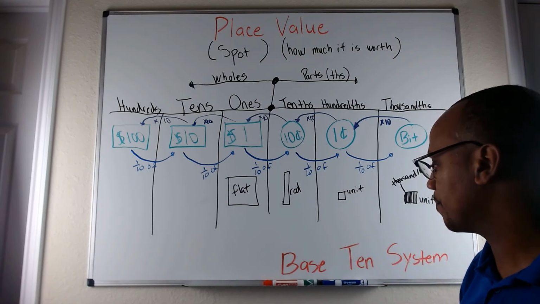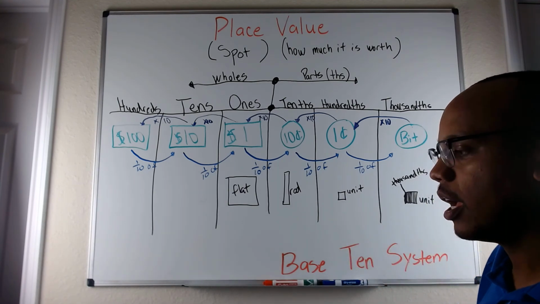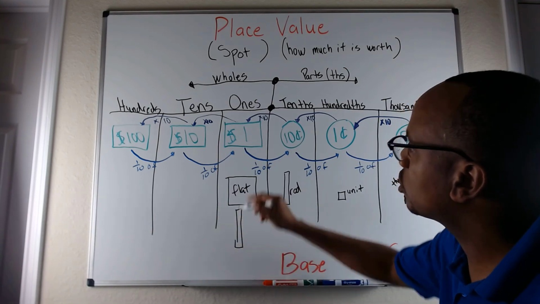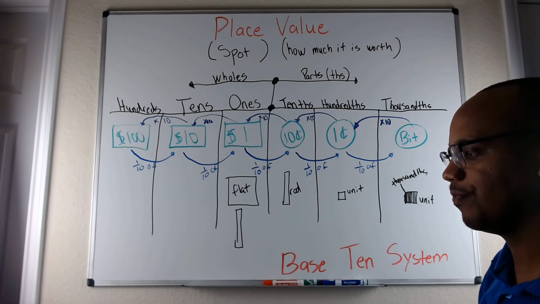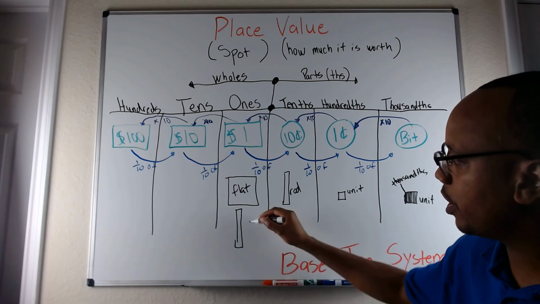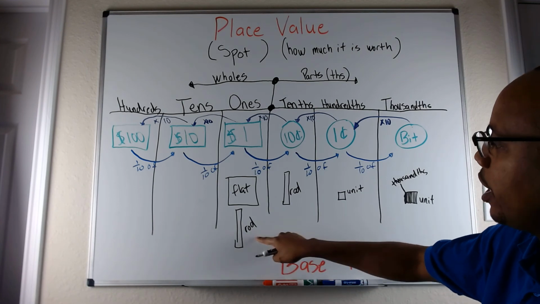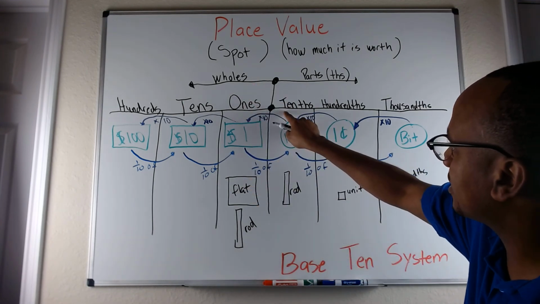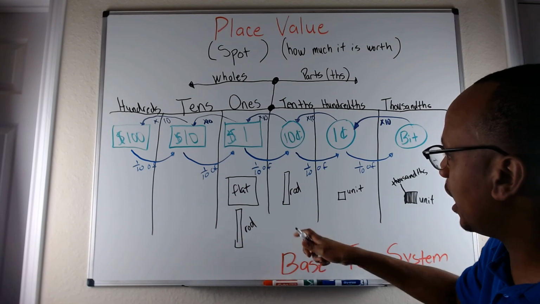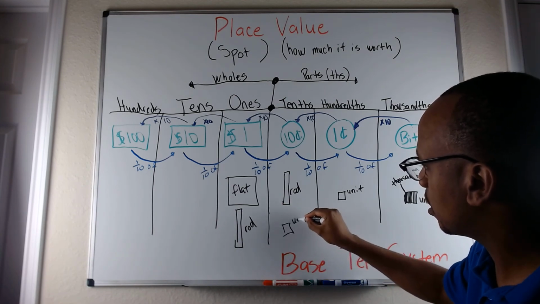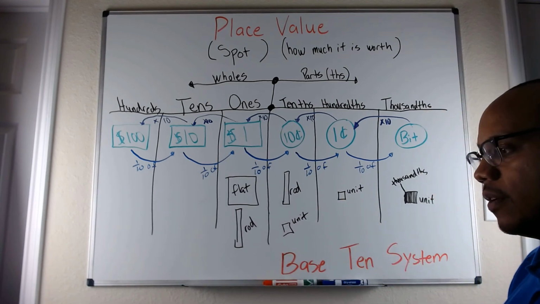All right? So my last example, I'll say, I want the rod to represent one whole. So if the rod is one whole, I can take one whole rod and break it into 10 parts, and it'll create units. Right?